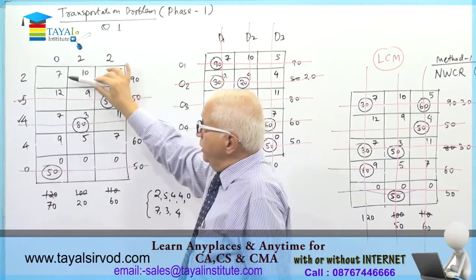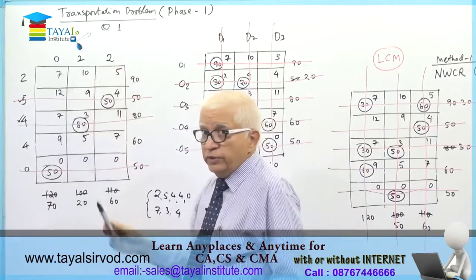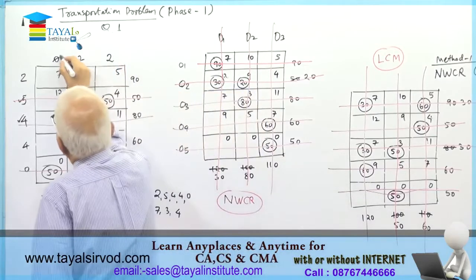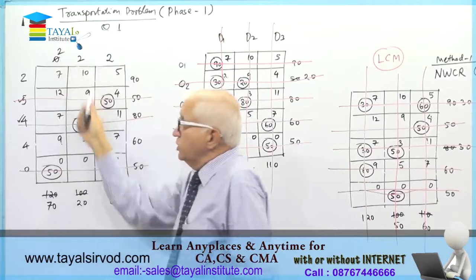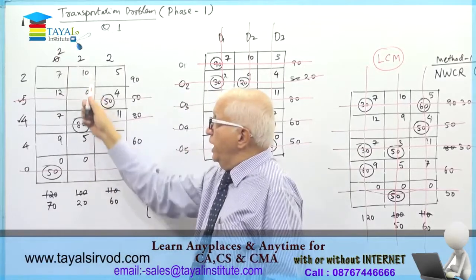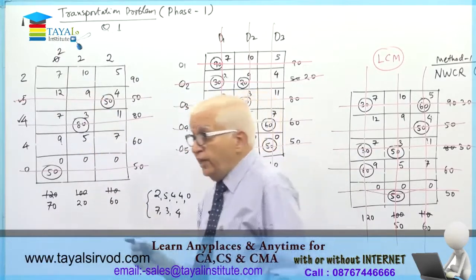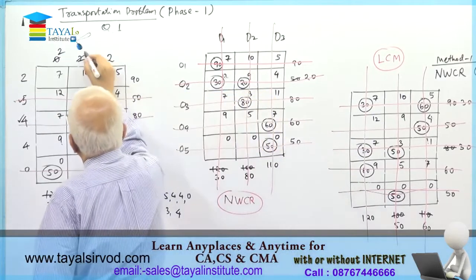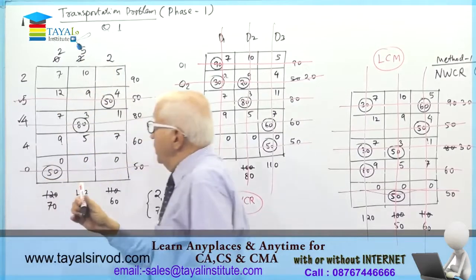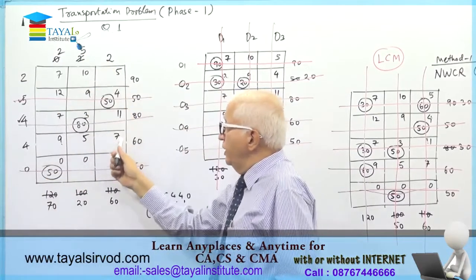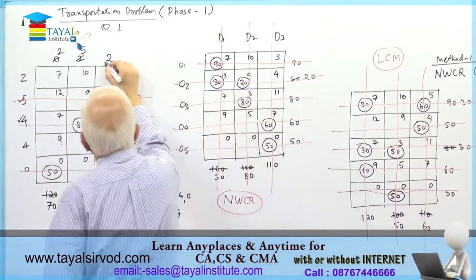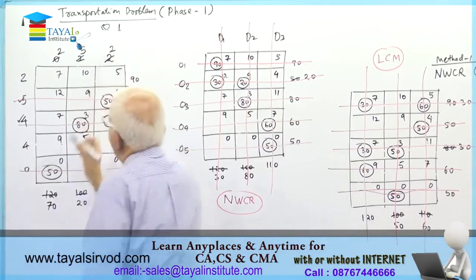Therefore, what is the penalty? Difference between 7 and 9, which is 2. In case of this column, difference between 10 and 5 is 5. Suddenly a new high penalty has emerged as 5. Difference between 5 and 7, same old penalty continues, but I cancel the old penalty and rewrite the new penalty.